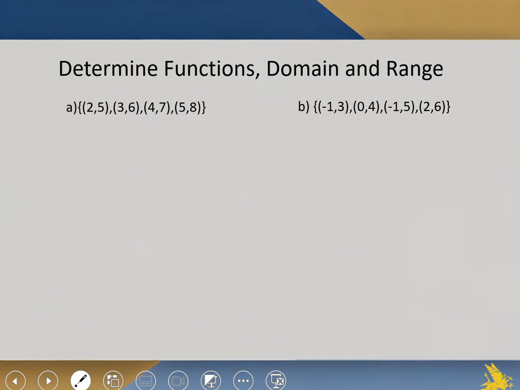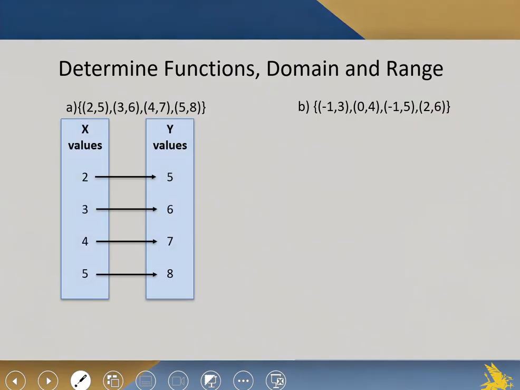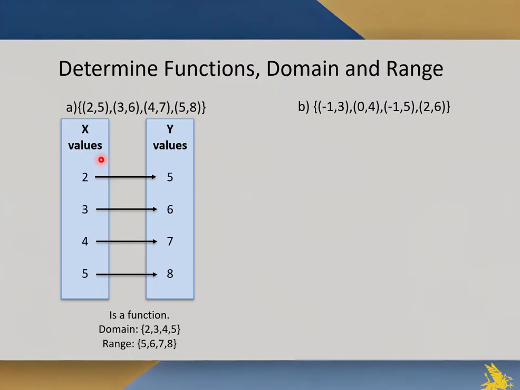So let's check if these are a function and then look at the domain and the range. It's just going to be looking at the ordered pairs. So 2 goes to 5, 3 goes to 6, 4 goes to 7, 5 goes to 8. That means it is a function. Our domain is all possible x values, which is 2, 3, 4, and 5, and the range is all possible y values.